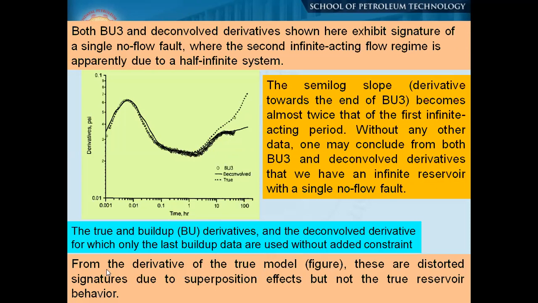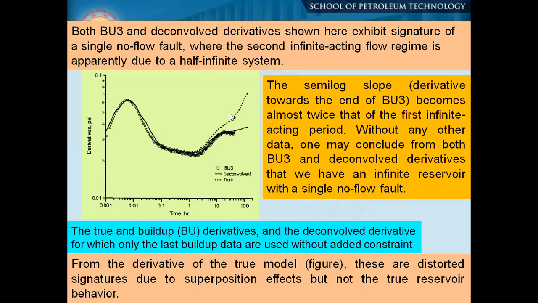These two build-up derivatives and the deconvolved derivatives, for which only the last build-up data are used without added constant, are distorted signatures due to superposition effect, but not the true reservoir behavior.